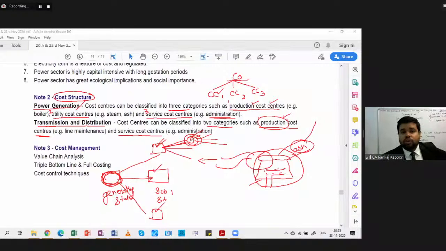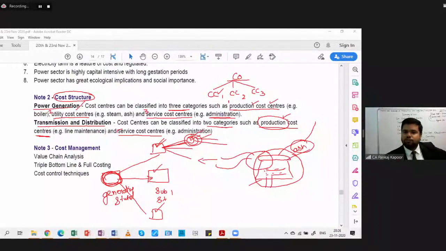When the transformer works, it generates heat. In order to manage the heat, so that it should not blast or get overheated, the cooling oil needs to be inserted into the transformer. Don't you feel the cooling oil is also a cost in order to run the transformer in proper order? So that cost will be considered as service cost.